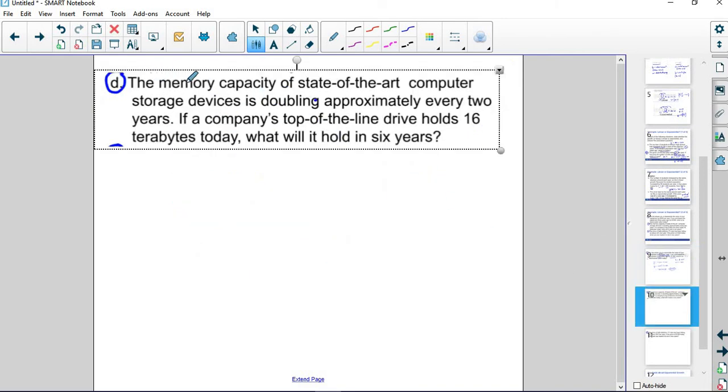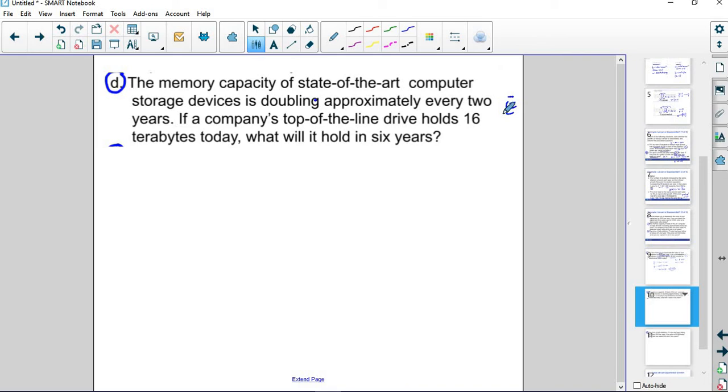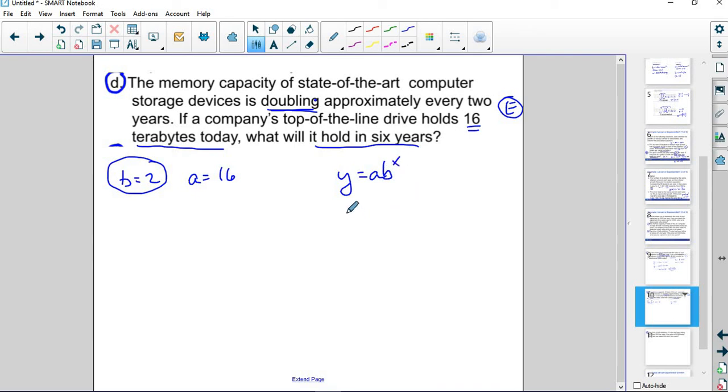Okay. The memory capacity of state-of-the-art computer storage doubles every 2 years approximately. Doubles, that's talking about exponential. And when you hear doubling, that tells you the B right away. B is 2. That's easy. All right. So if a company's top-of-the-line drive holds 16 terabytes today, what will it hold in 6 years? So A is the starting point, 16. And so again, our formula for exponential is that.